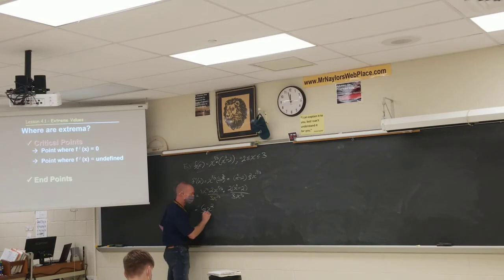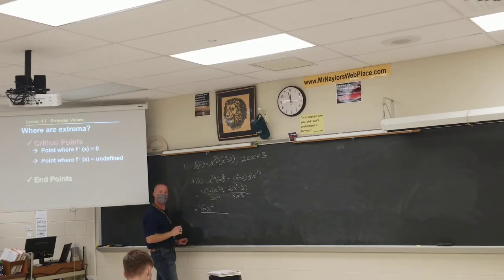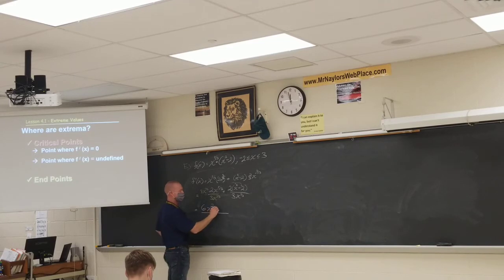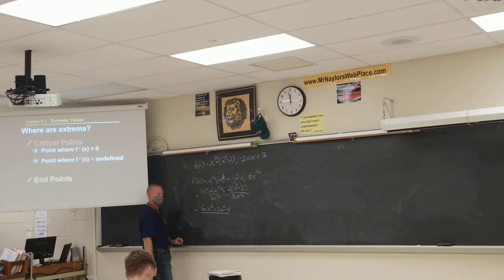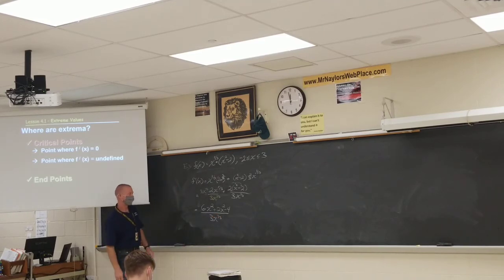You're getting your daily dose of algebra right now. I'm going to save a step, I'm just going to distribute and get that 2x squared minus 4. 2x squared minus 4. I also decided to just put the fractions together so that we can just write the common denominator one time. 3x to the 1/3 in the denominator.